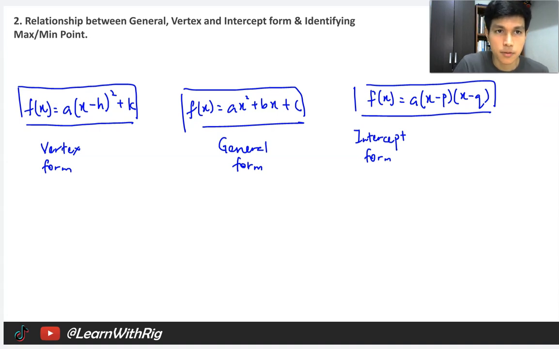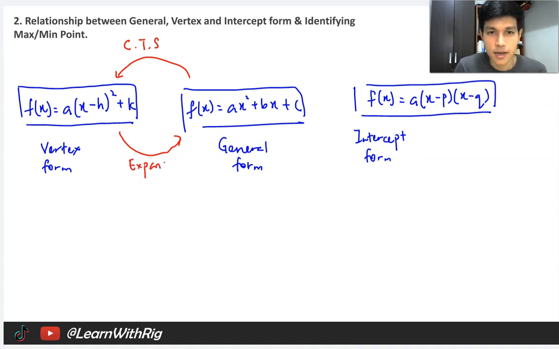So the thing about this is you want to identify how to convert between each form. How do you convert general form to vertex form and vice versa, and how do you convert to intercept form and vice versa? So the easy way, we have actually learned this, right? General form, if you want to convert to vertex form, we learned this in the first subtopic, which is completing the square. And if you want to convert from vertex form to general form, you just have to expand.